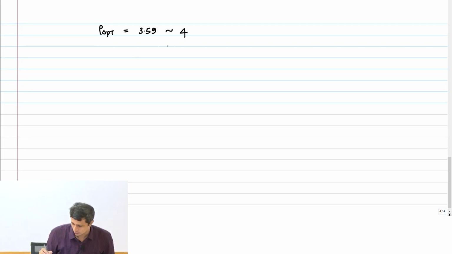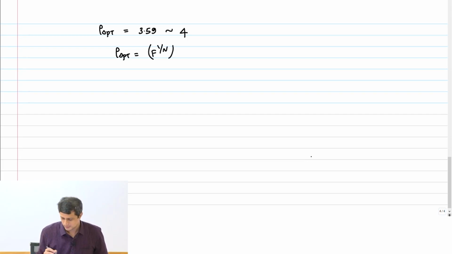So, of course, this rho opt, we defined it as f power 1 by n. Right? Therefore, if I just take a log on both sides with base rho opt, I would get 1 equal to 1 by n log to base rho opt of f.